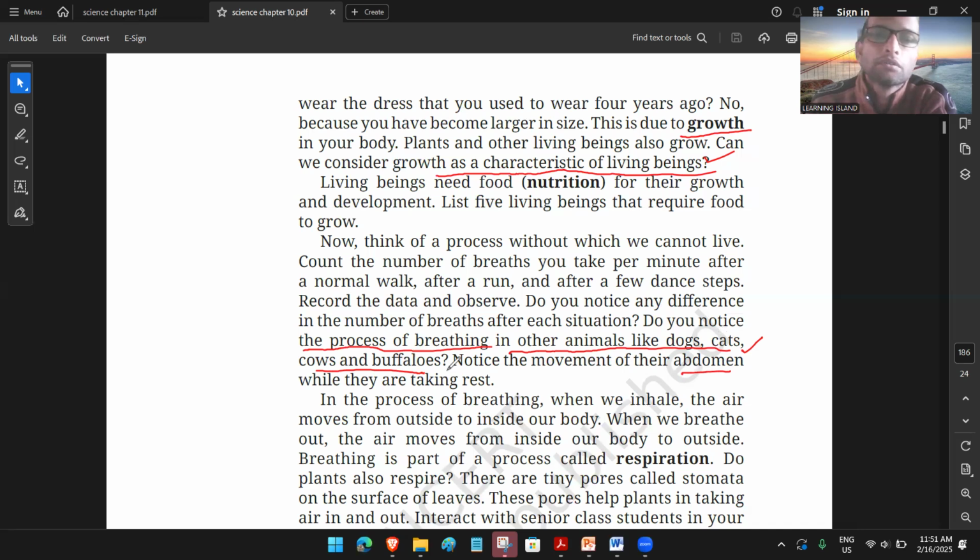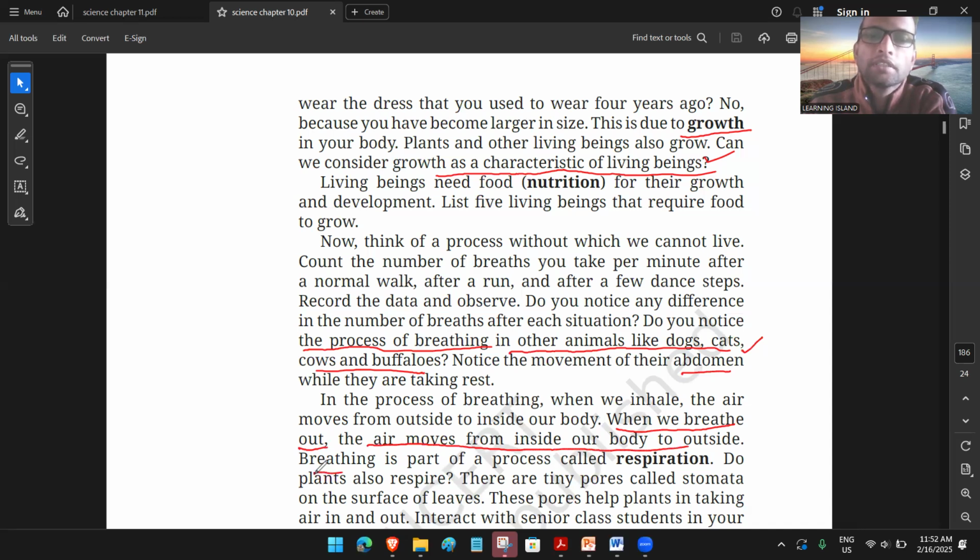See, when we breathe out, the air moves from inside our body to outside.